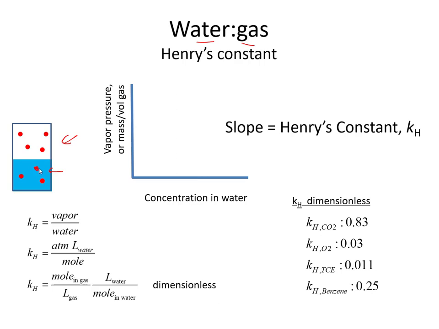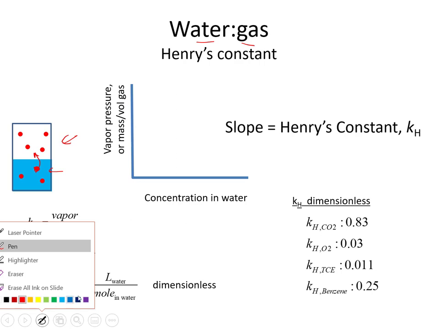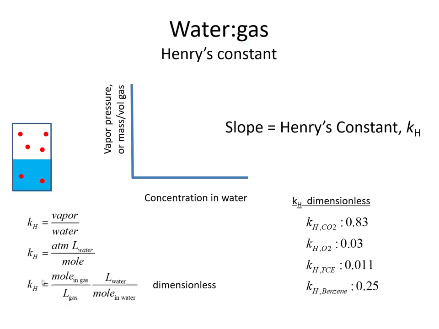And some of these contaminant molecules that are in the water are going to partition into the headspace. And if we let that sit there and equilibrate, there'll be a concentration that is in equilibrium in the headspace and in the water.